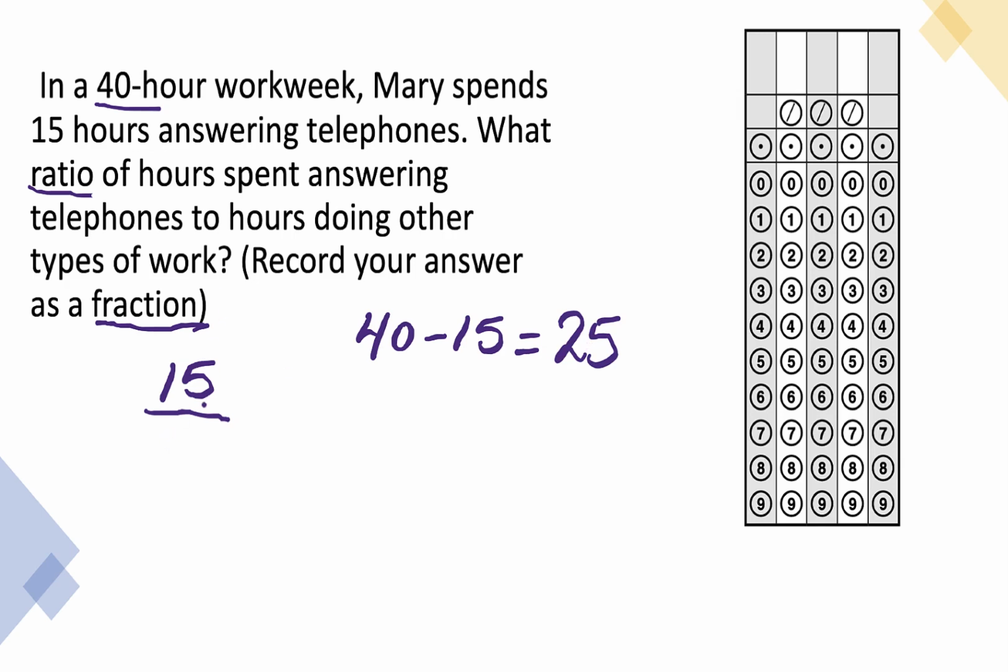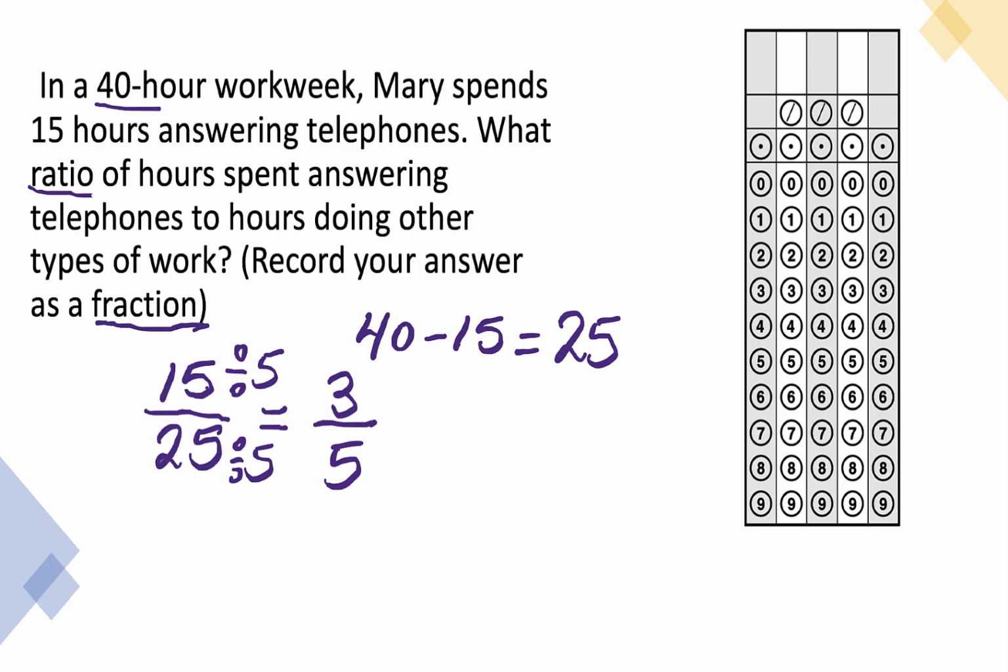So your fraction is 15 over 25. We all know fractions have this unspoken rule of reducing, so you have to reduce your fraction to lowest terms. Because they both end in 5s, it means that we can divide by 5. If I divide by 5, I get 3 over 5.